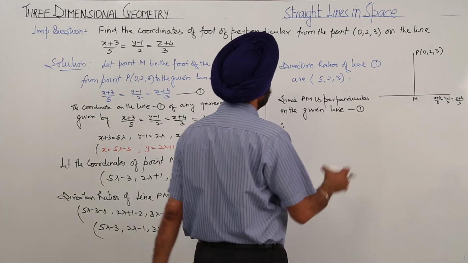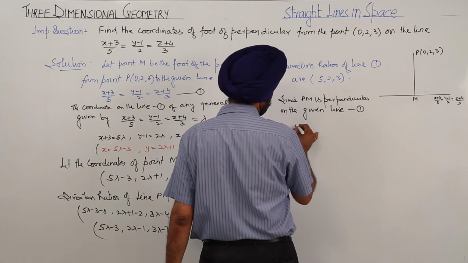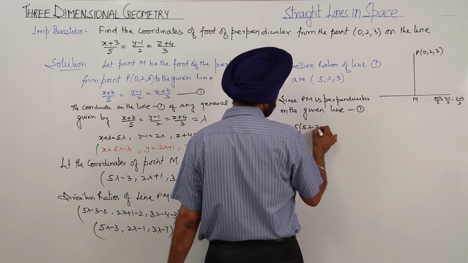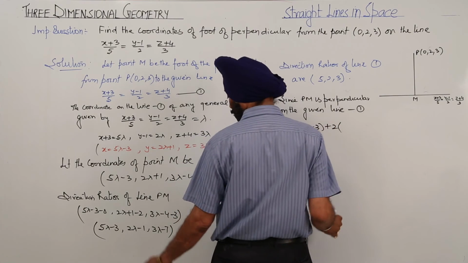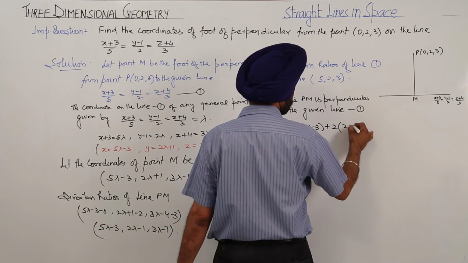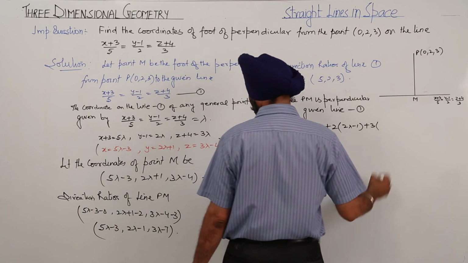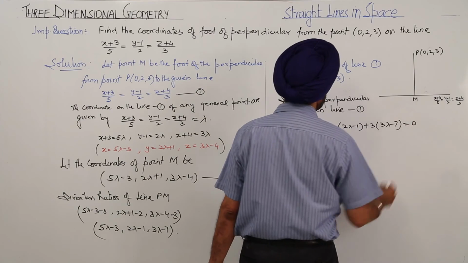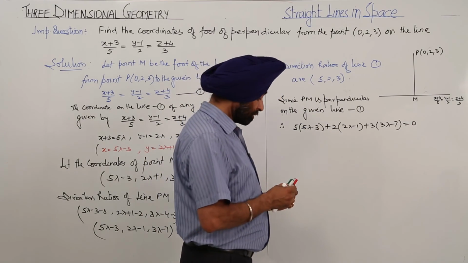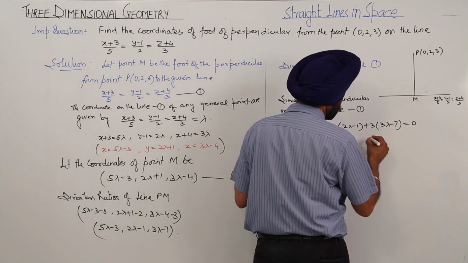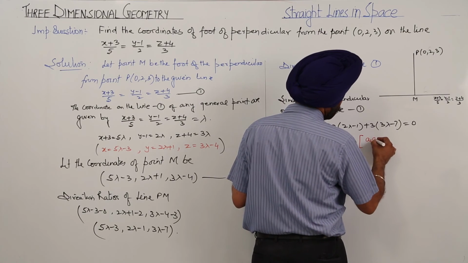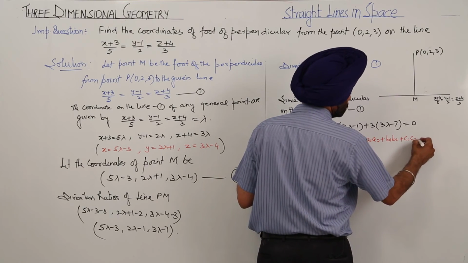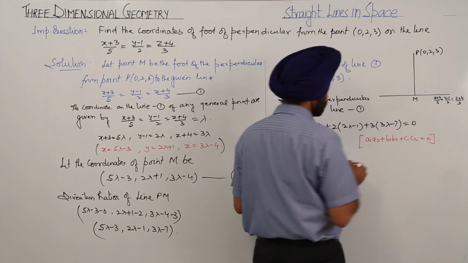So that's what we are doing. Now, 5 with 5 lambda − 3, plus 2 with 2 lambda − 1, plus 3 with 3 lambda − 7 is equal to 0. I am writing the reason also for what we have used: a1a2 + b1b2 + c1c2 = 0.